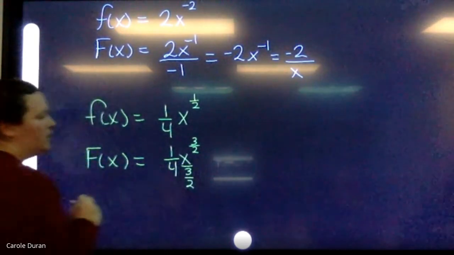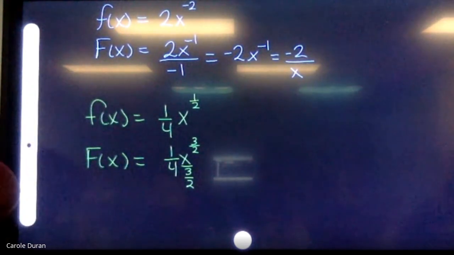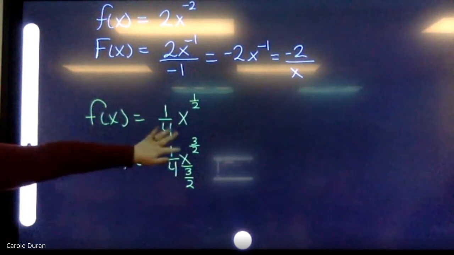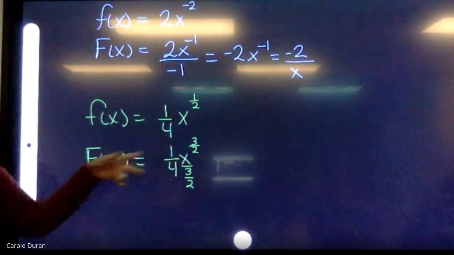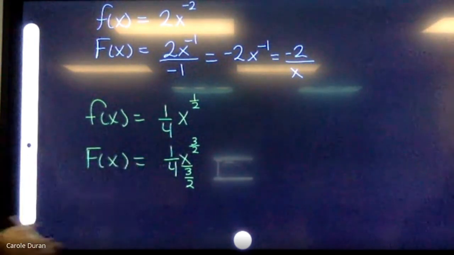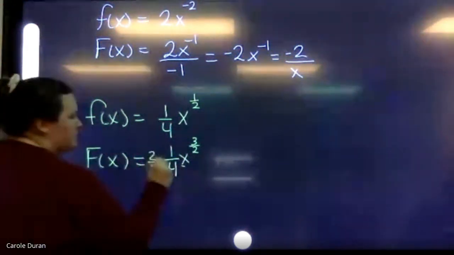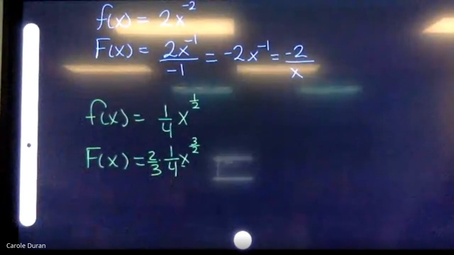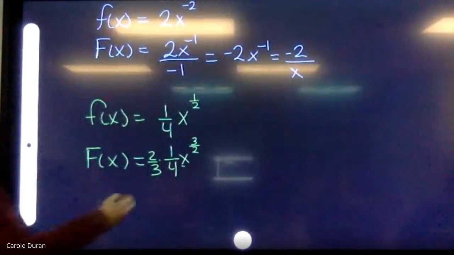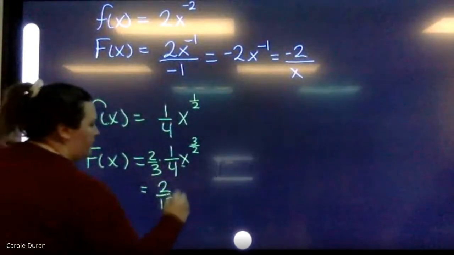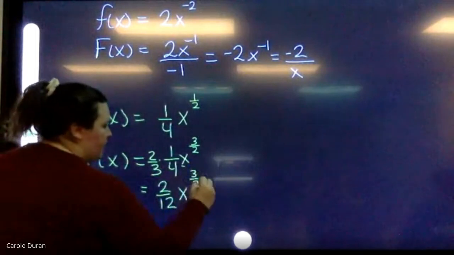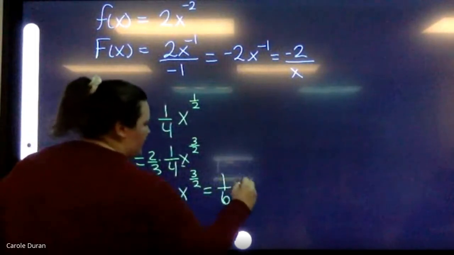But that gets really, really confusing. So what I like to say to myself is I just take whatever the exponent is, I flip it over and I multiply it into the x. So instead of dividing by 3/2, I'm going to think about it as multiplying by 2/3. And then I just simplify, and I get 2 over 12 x to the 3/2, which I can reduce to 1/6 x to the 3/2.